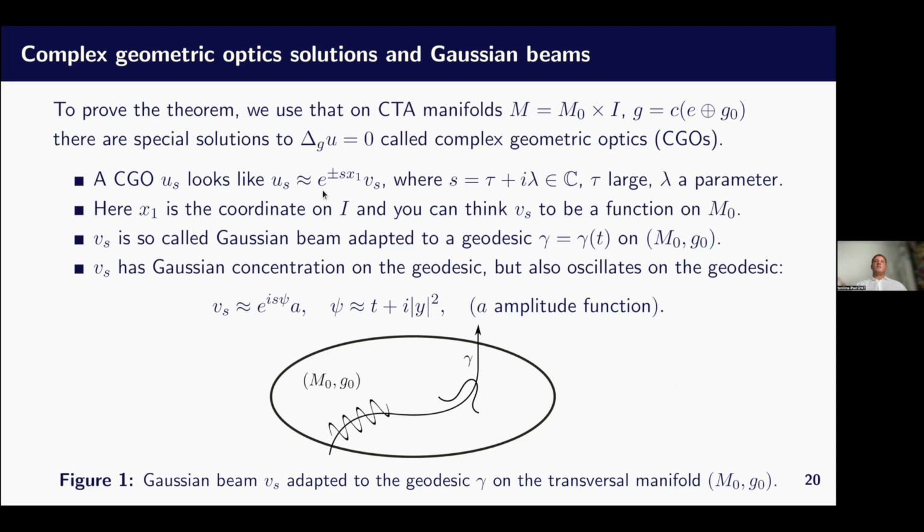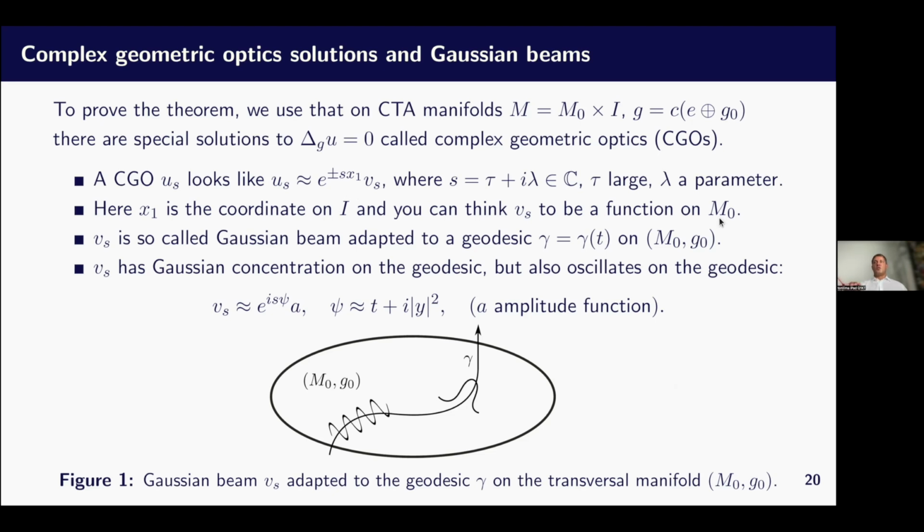So u_s is e to the power plus minus s x1, where x1 is the vertical direction of the cylinder, and then we have another function b_s. In a sense, these functions are obtained by separating variables. It's not completely true, but you can think that b_s is just a function on this transversal manifold.